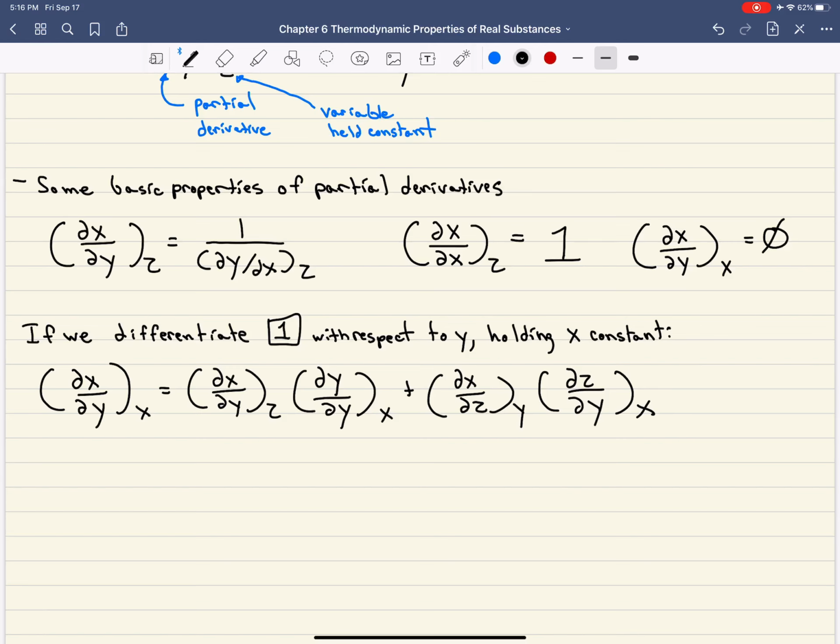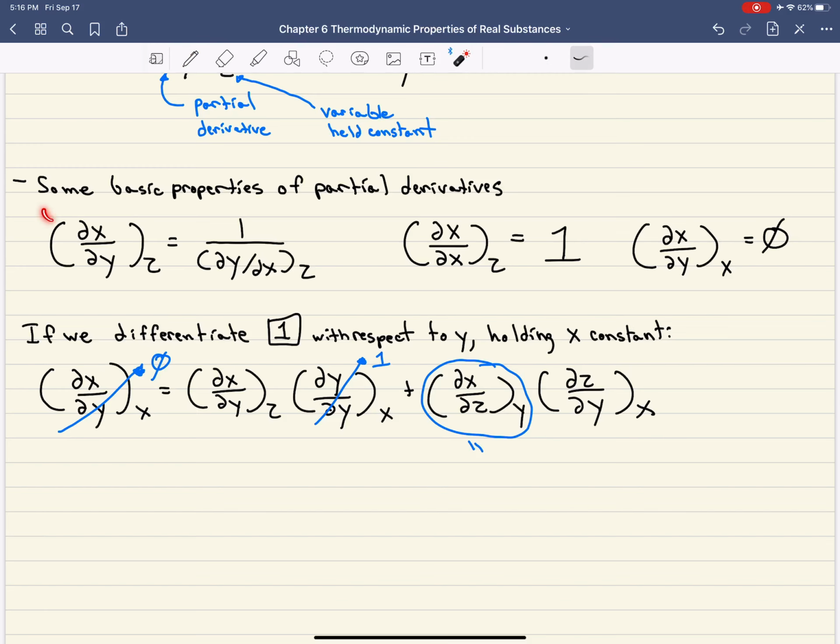Right. And so here, if we look from left to right, we have (∂x/∂y) at constant x. That means that this part is equal to 0. Here we have (∂y/∂y) at constant x. That means that that is equal to 1. Okay? And one other thing that we could do is here we have (∂x/∂z) at constant y.